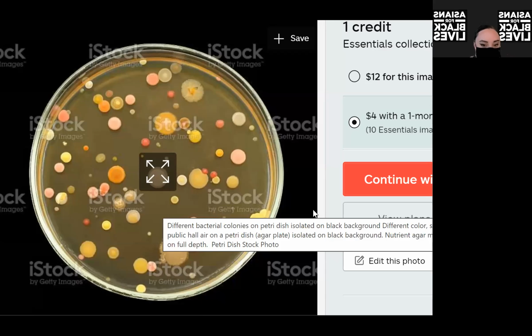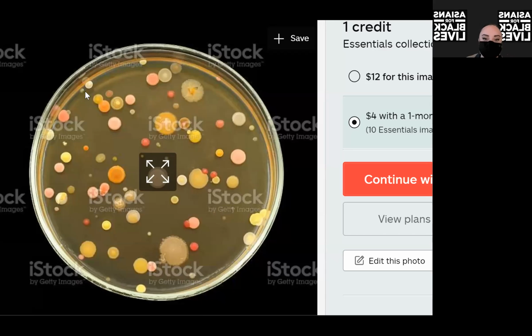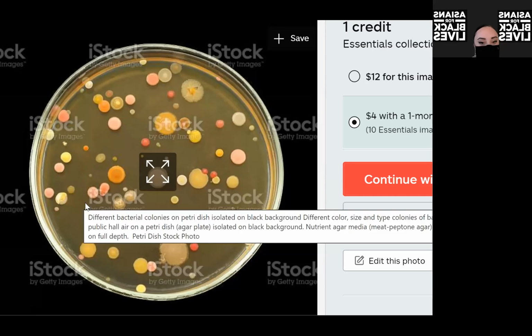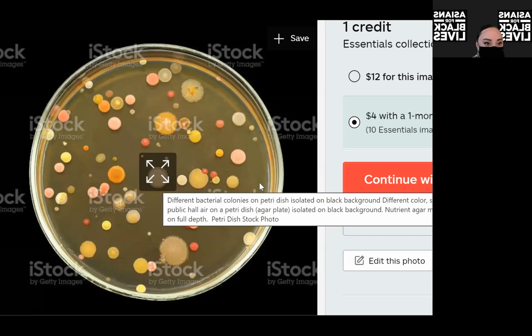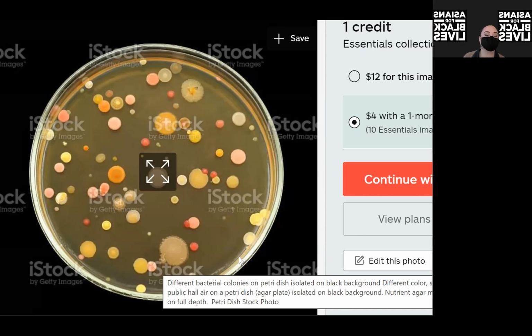But let's have an honest moment. Do any of us, including myself, want to really sit here and measure these super tiny circles to calculate then the surface area of all of these individual circles? No is the answer. But what we can do is something similar. We can estimate about how much of the surface area of the plate is taken up by colonies.